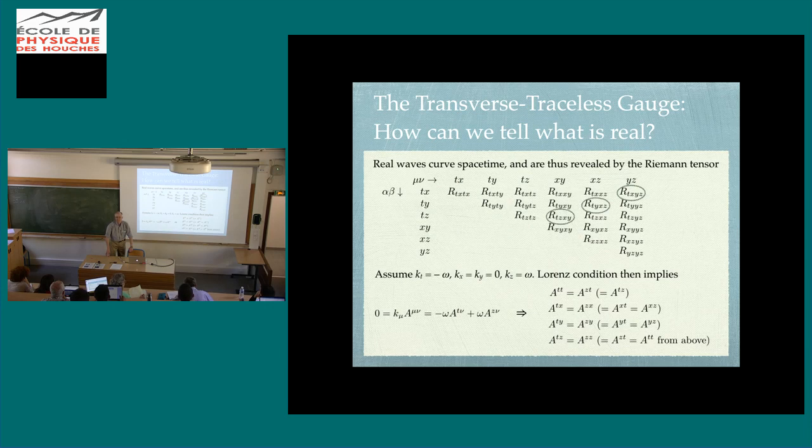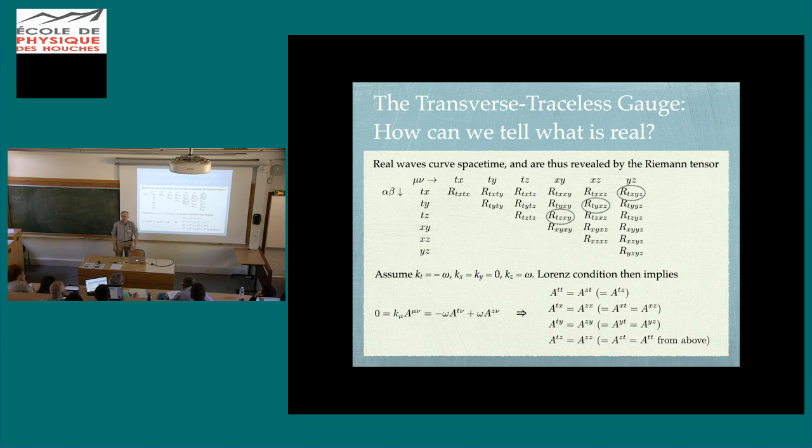The Riemann tensor is what tells you what's physically real in terms of curving space-time and what's just flat space-time in disguise. And so really what we have to do in order to determine what's going on is to evaluate it. So here's the chart I had earlier. I've rewritten the indices to correspond to the current case.